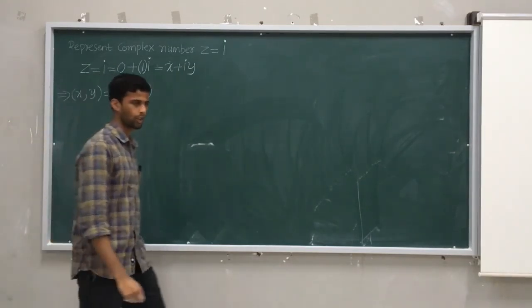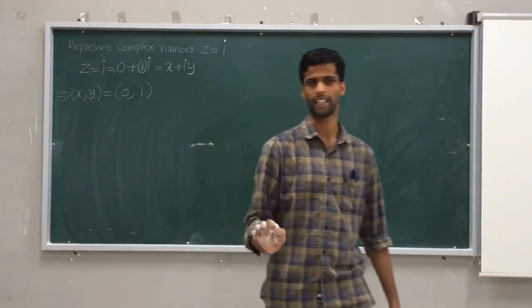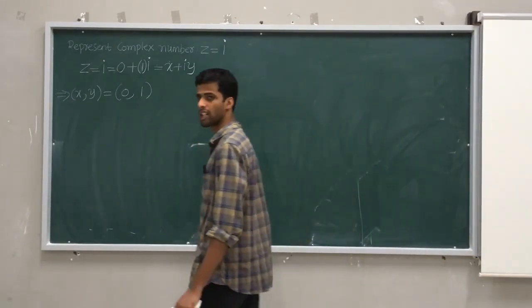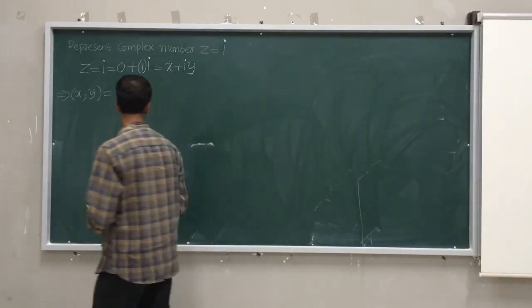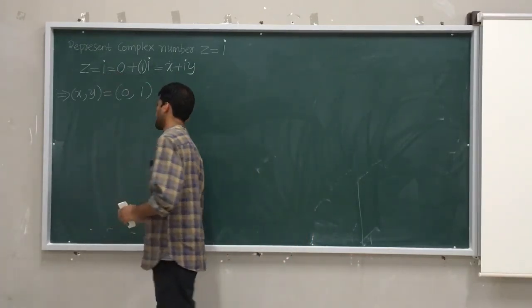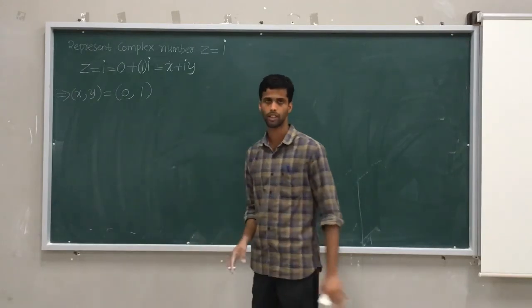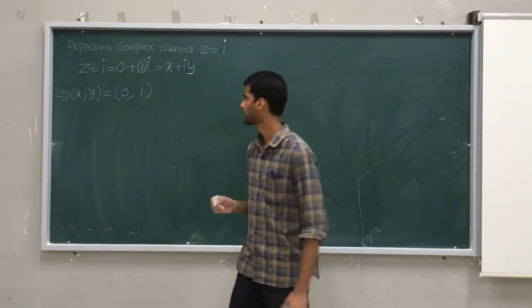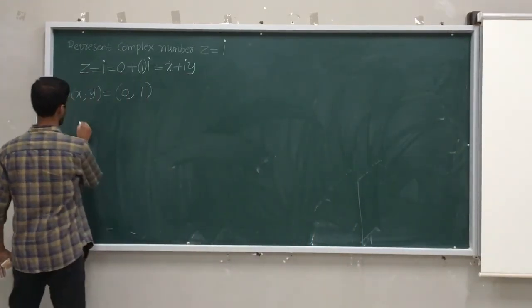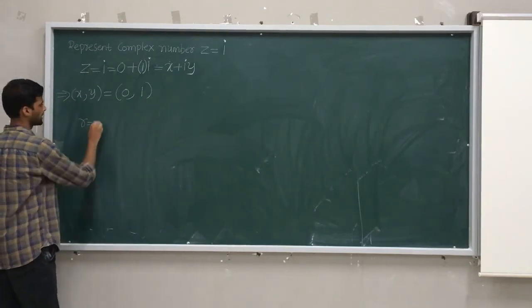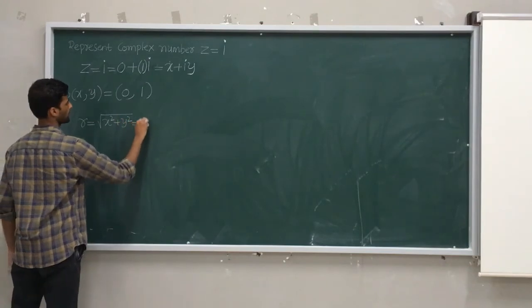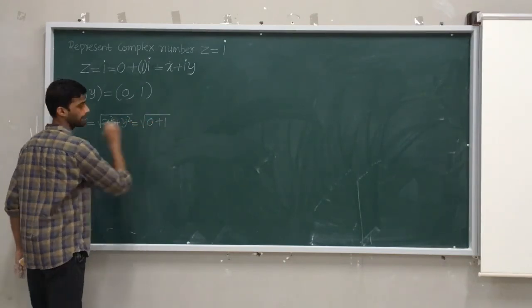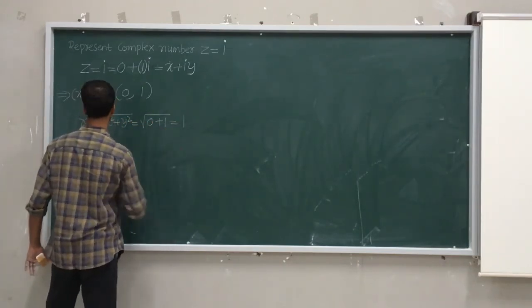We all know 0 is neither positive nor negative, so it's a neutral number, so I will take it as positive. Then I get r easily, which is the square root of x square plus y square, which is the square root of 0 plus 1, and the answer is 1.